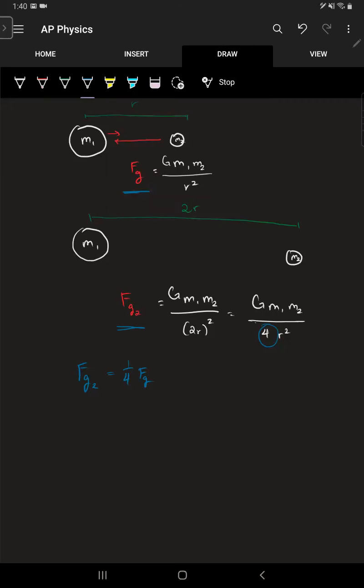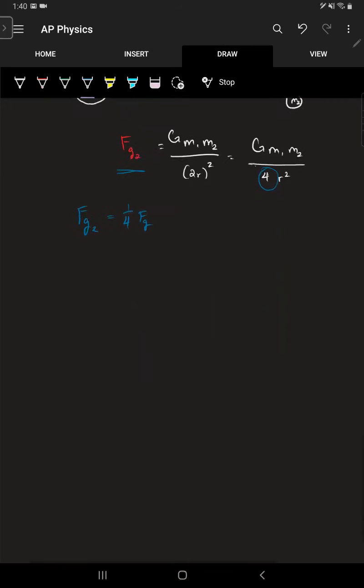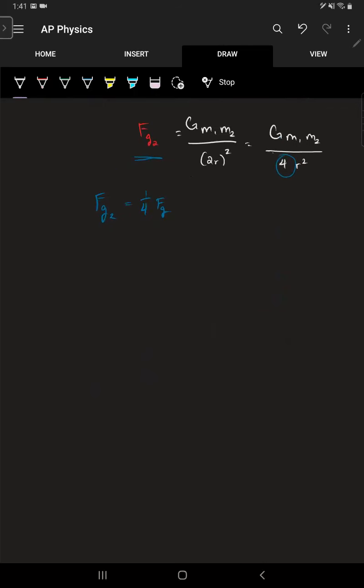All right? So, as a quick ending note, the equation for electrical forces, repulsion and attraction, is actually identical. The force of electrical repulsion or attraction equals, I think the big constant's called capital K, Q1 Q2 divided by r squared.